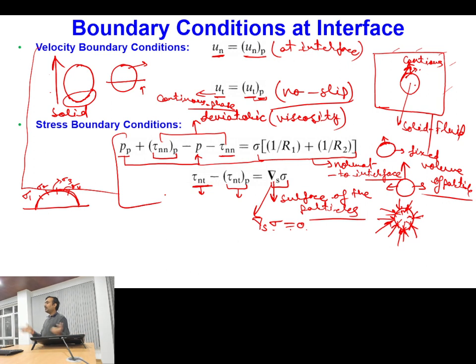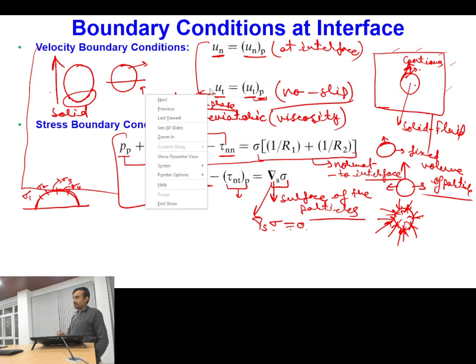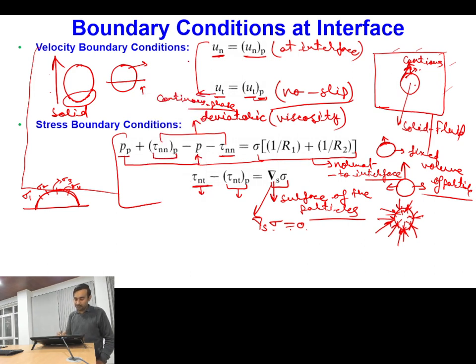Because the particle we will be considering as a single point moving in the flow field. Within the particle there is no motion, so there is no shear stress and no pressure, because no fluid is within the solid particle. So if you have a solid particle, then only these two conditions will be sufficient. But if you have a fluid particle, then you have to include the complete set of conditions.